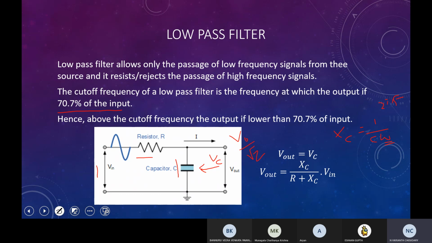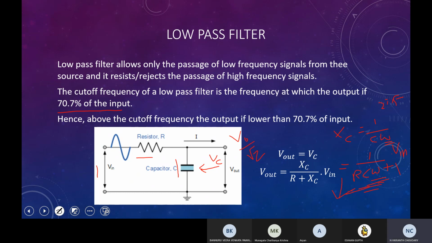If you substitute that, you will get 1 by (R C omega plus 1) times V in. So while frequency increases, this denominator increases, then the whole value decreases.